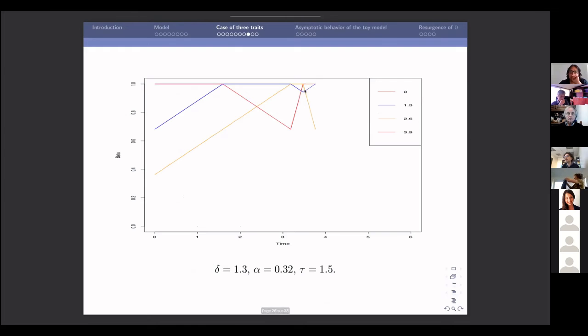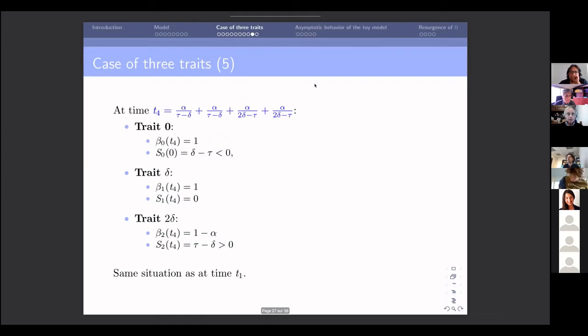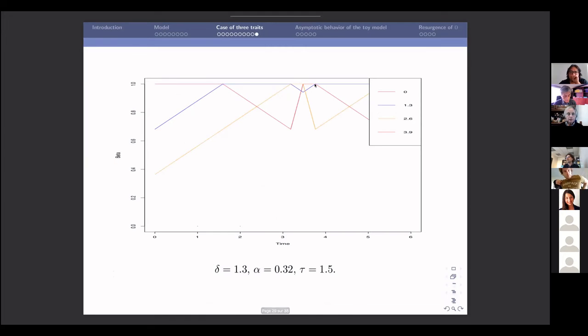Then here we have the new exchange of traits here. And again, trait delta is going to be dominant, and so on. And so in the end, what I get is some periodic picture that I did not show in full, where you have piecewise functions for all the exponents beta, right?